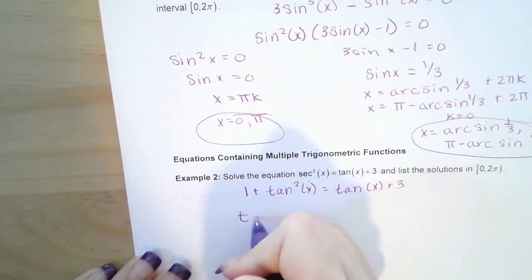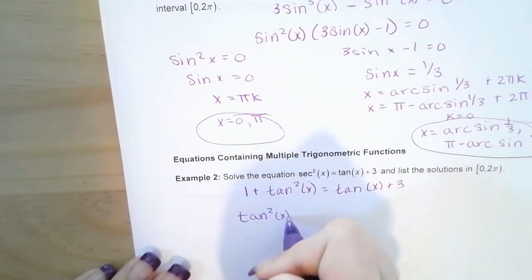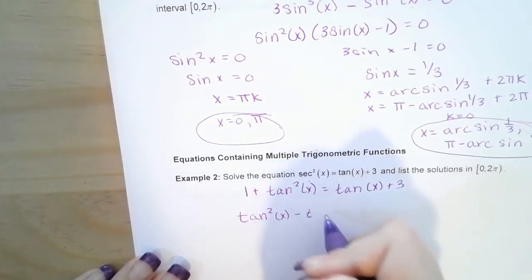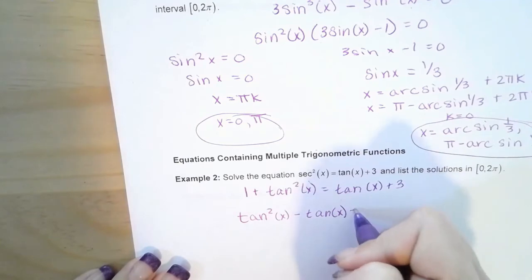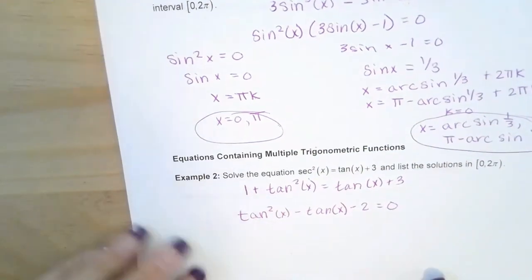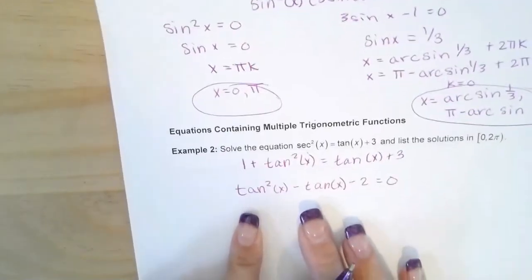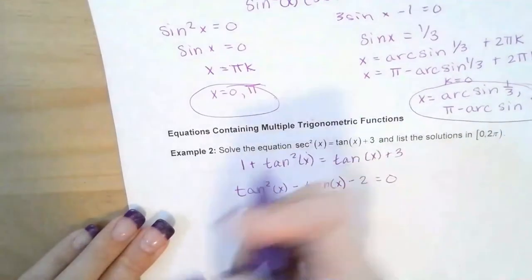So I would end up with tangent squared x minus tangent x minus 2. If you think about this, this is a quadratic, so we can factor this into two binomials.